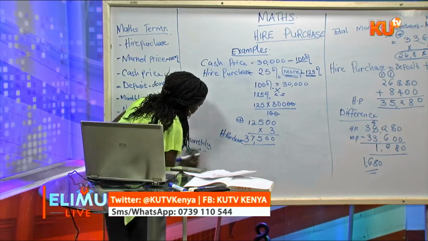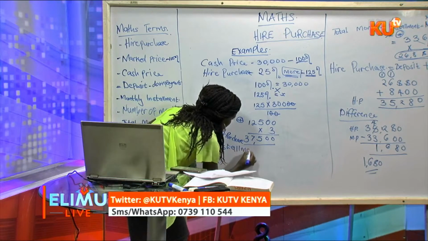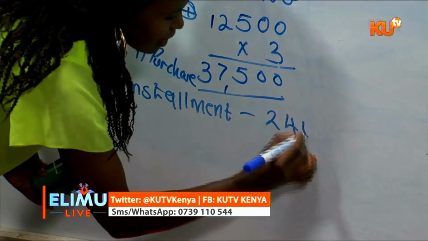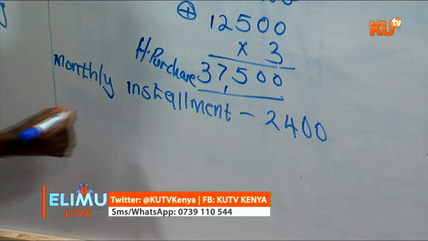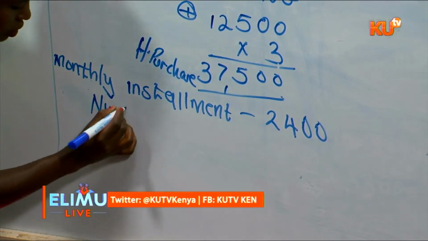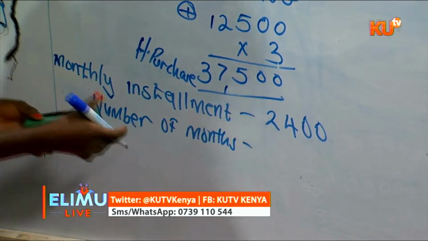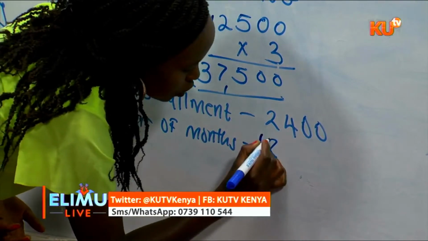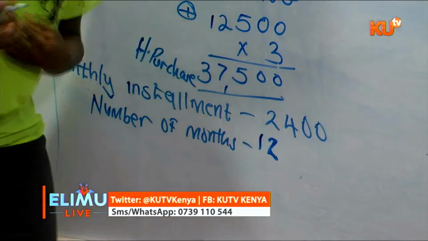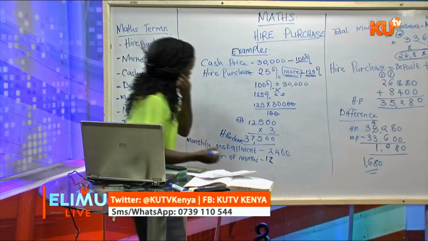The monthly installment was 2,400. And then we are told that he paid this for 1 year. So the number of months: a year has 12 months. So the number of months was 12. So he paid the 2,400 for 12 months.